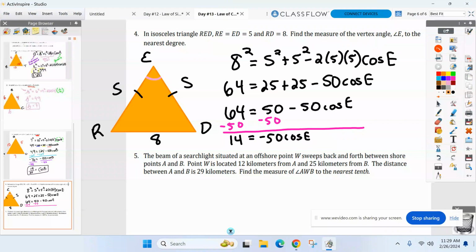Any issues so far? We're good. All right, divide both sides by negative 50. So here's how we ended the last problem, by finding the cosine ratio. Negative 7 over 25.